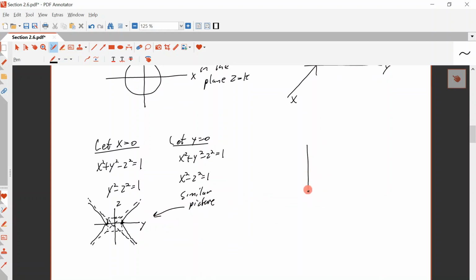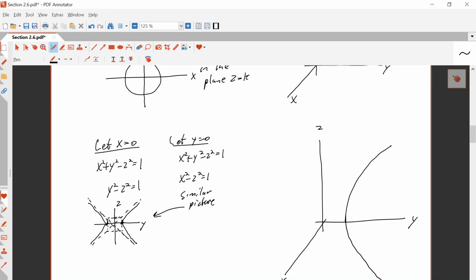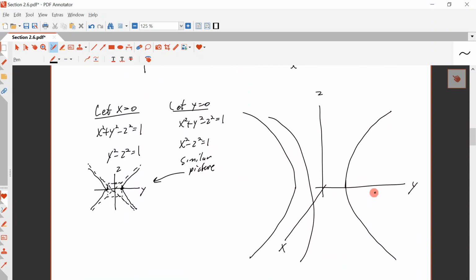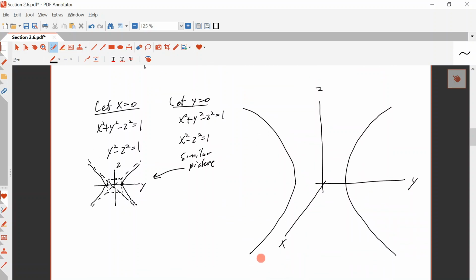So putting all that together for x, y, z space, here's x-axis, y-axis, z-axis. Here's that hyperbola in the yz plane. You also have that hyperbola in the xz plane. I think I'm going to leave it out. I think this is enough for the drawing.